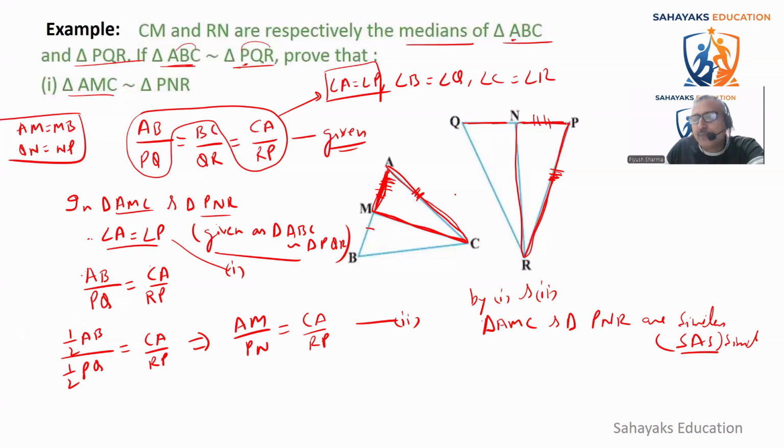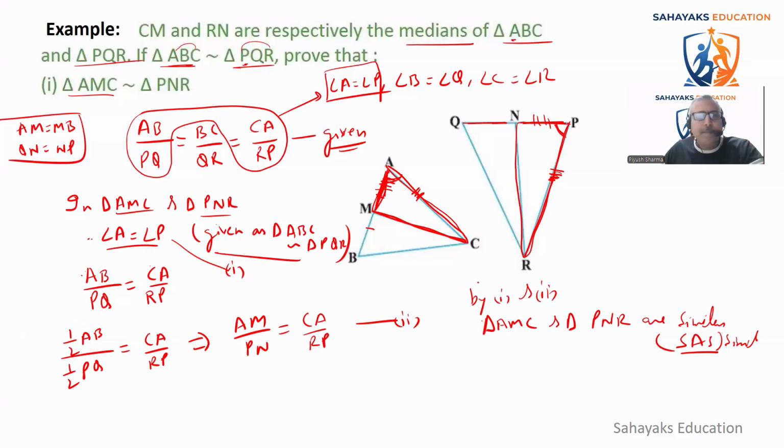These two sides are proportional and the angle between them is equal. So when two sides of a triangle are proportional and the angle between those sides is equal, they are similar by SAS similarity.